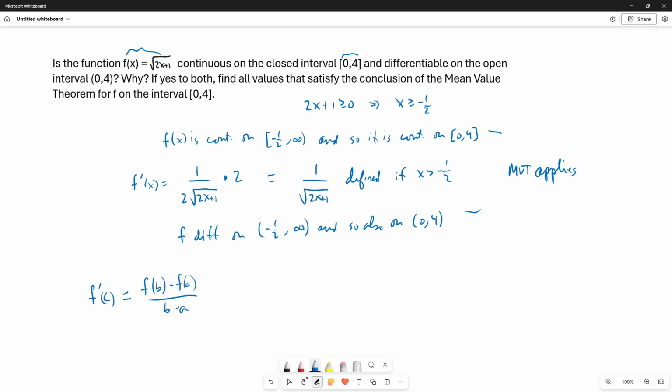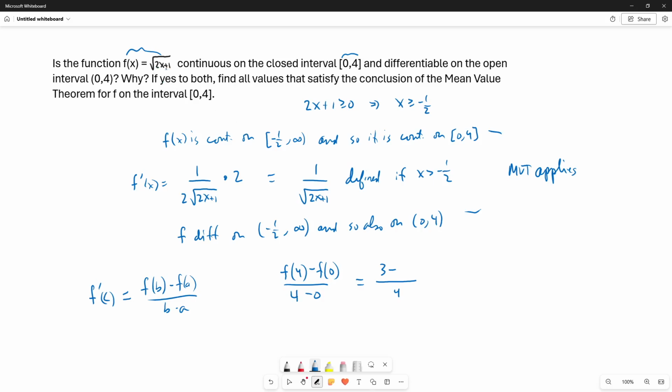So first, let's calculate this number, f of b minus f of a over b minus a. So that's f of 4 minus f of 0 over 4 minus 0. f of 4 is the square root of 9. 2 times 4 plus 1 is 9. The square root of 9 is 3.